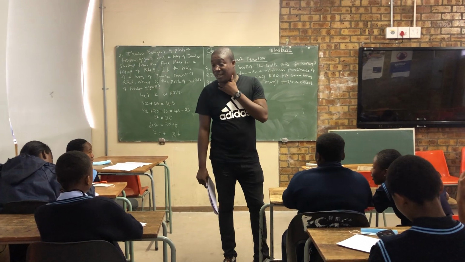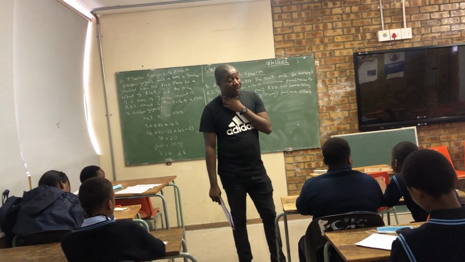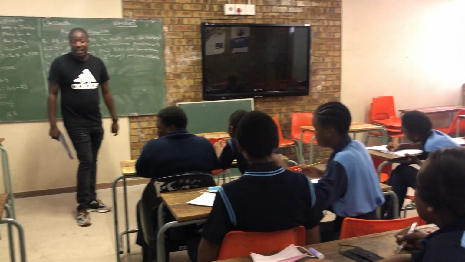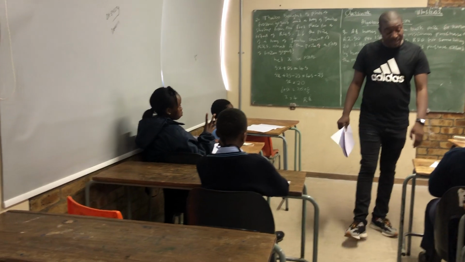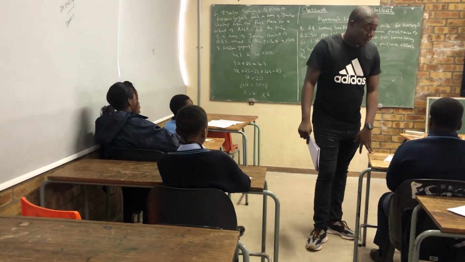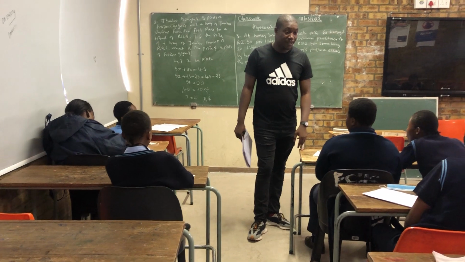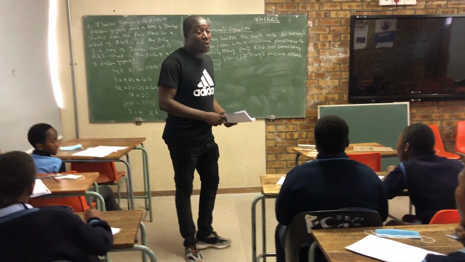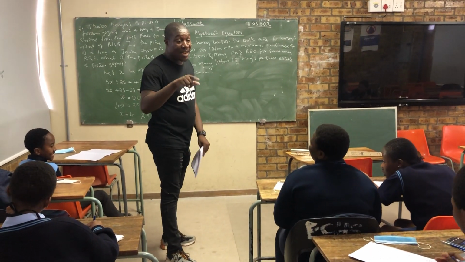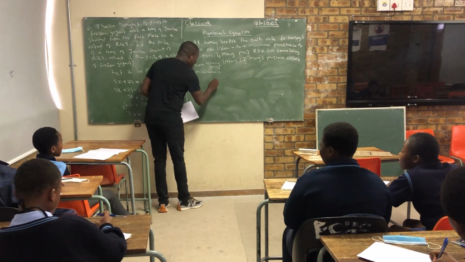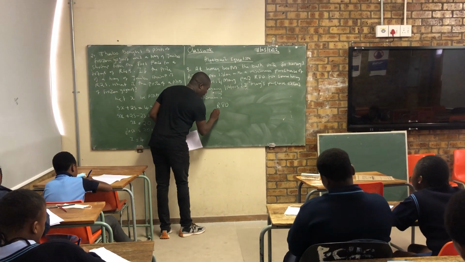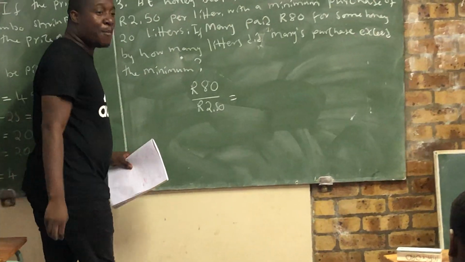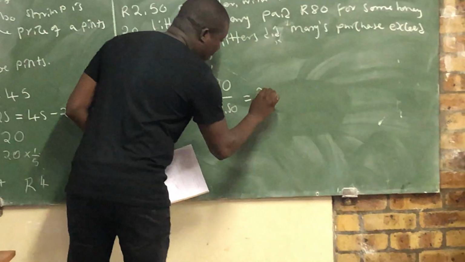So we're going to start by saying 80 rand all divided by 250 equals how many liters? 32 liters.